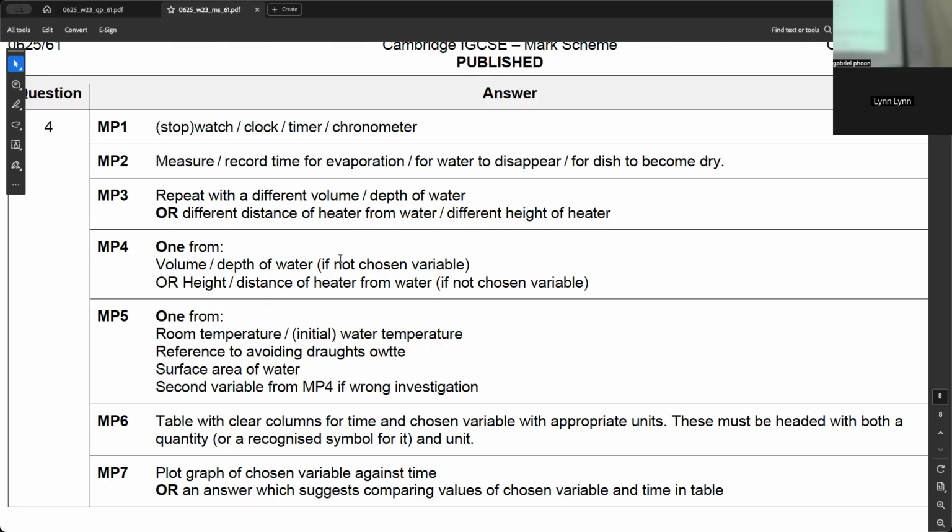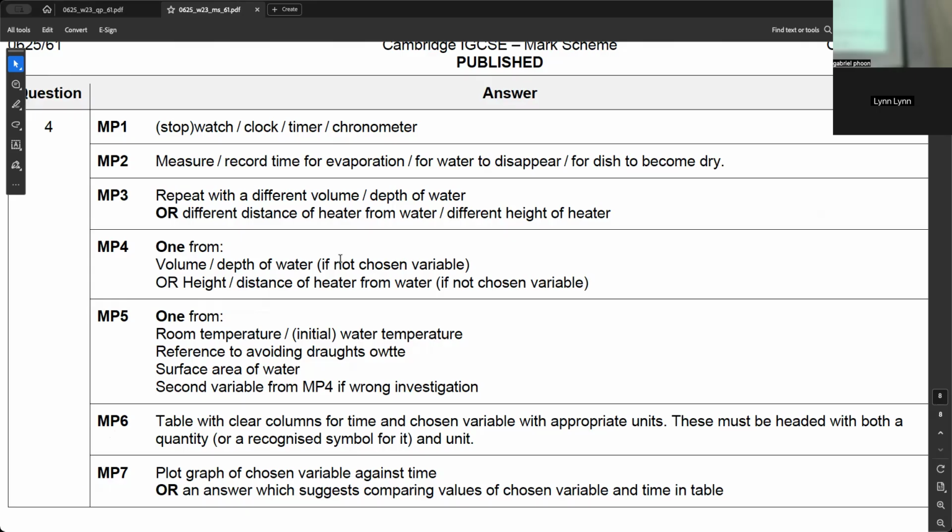Marker to set this. All fixed volume of water into the shallow dish so that the surface area is constant.